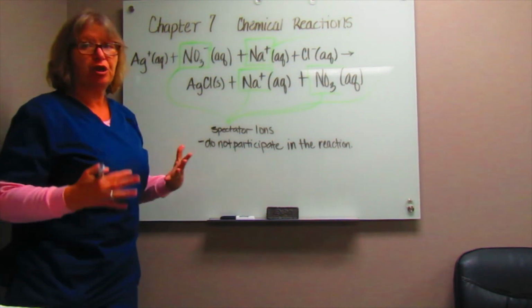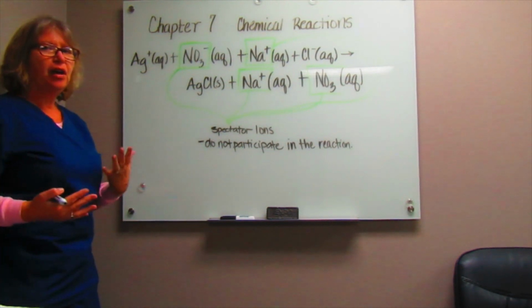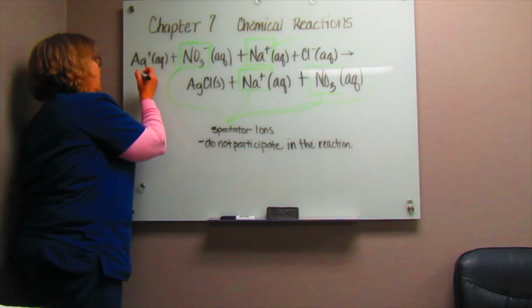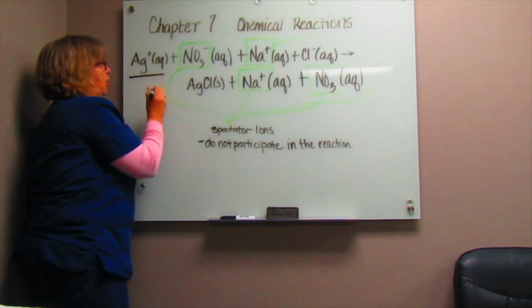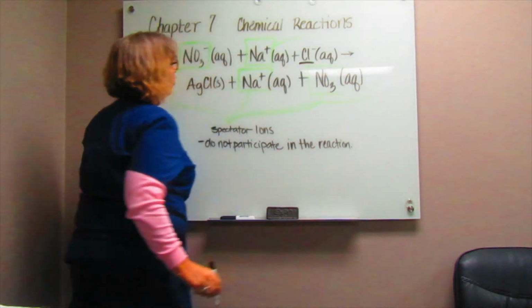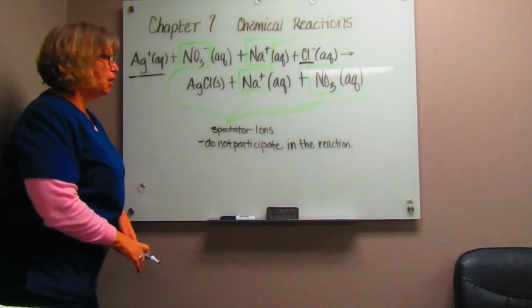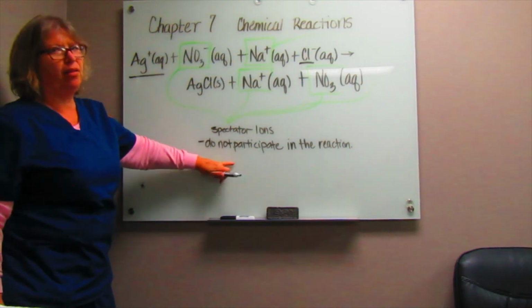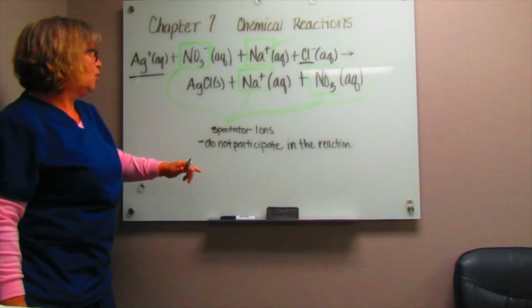So they don't change. They don't go through any kind of chemical reaction. The ones that do change are the silver and the chlorine, right? So spectator ions do not participate in the actual reaction, right?